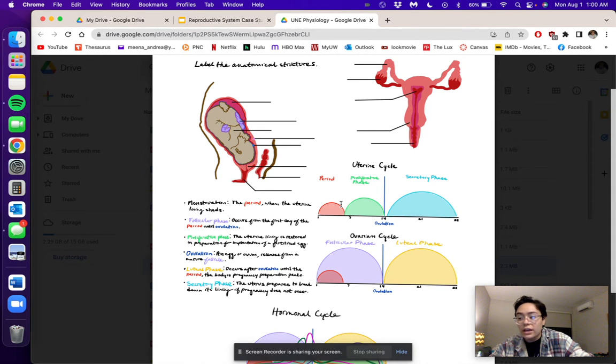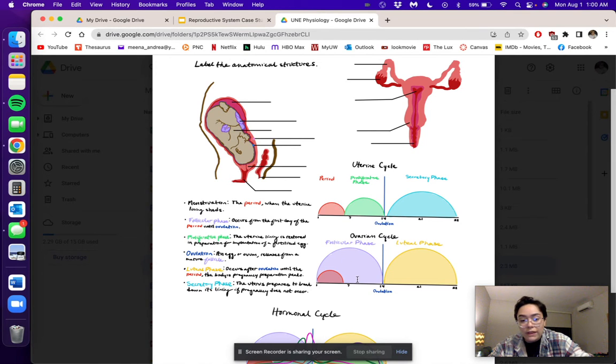After the period comes the proliferative phase, when the uterine lining is beginning to replenish itself, until approximately halfway through the cycle when ovulation occurs. During ovulation, an ovum is released from a mature ovarian follicle. And the last half of the uterine cycle is dedicated to the secretory phase, when the uterus is preparing to break itself down to become shed during the next menstrual cycle, as long as pregnancy does not occur.